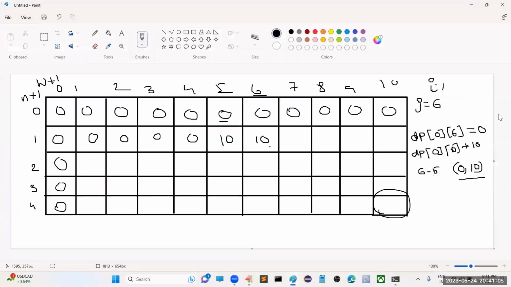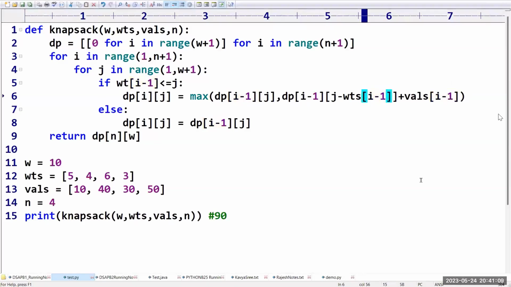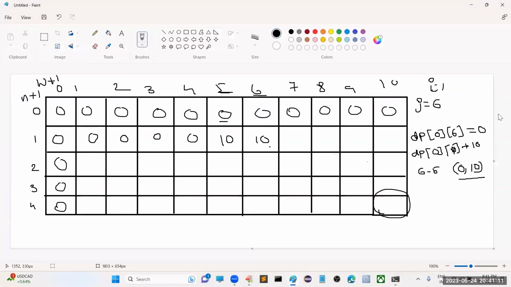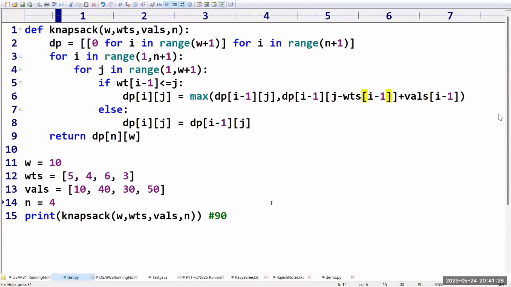I think it should give 1, sir. 6 minus 5, that's one only. dp of 0 comma 0 you have written. Oh, okay, 0, 1. Anyway, both the values are there. It gives 0 only, sir. 0 comma 1 also gives 0. Yeah, that's what. So clear up to this? Yes, sir.